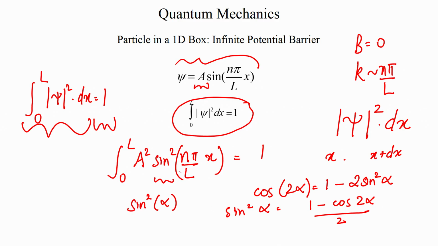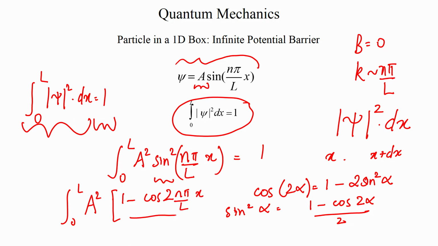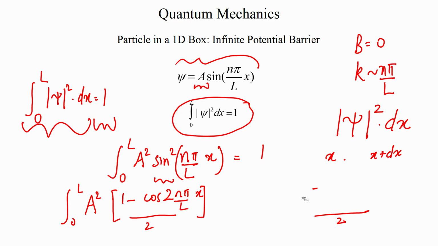So we represent the sine square using this relation, and what that gives you is that this integral is nothing but a square 1 minus cosine of 2 n pi by L x, the whole thing divided by 2, and we need this to be equal to 1.